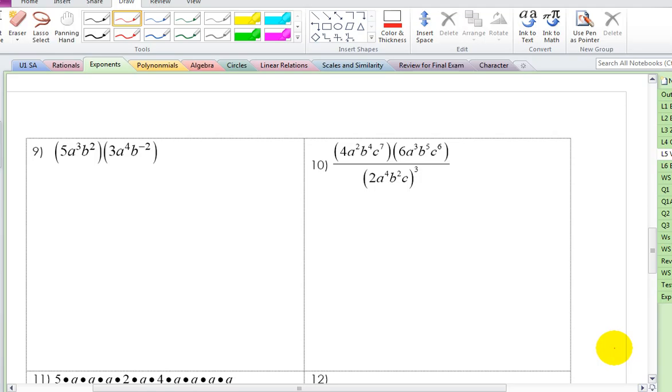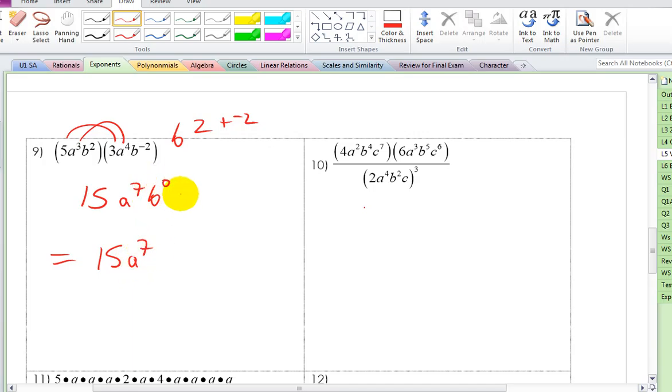So for this one here, you go 5 times 3 is 15. A cubed times A4 is A7. You add the exponents. The B, you should get 0. Okay, 2 on the B will be 2 plus negative 2. So this is an incorrect answer because what does this become? 15A7 times 1.